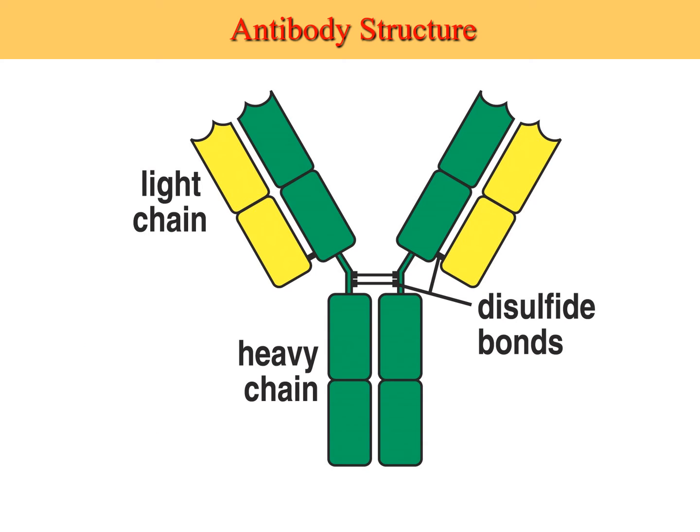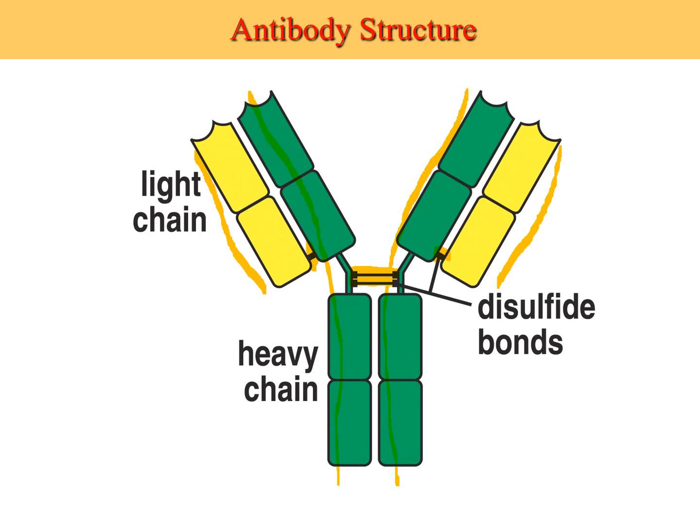Here's a different kind of drawing, same molecule, same idea, but a slightly different drawing where you have the light chain here, identical light chain here. In yellow, you have, in green, the heavy chain here, and another heavy chain right here. And you see the disulfide bonds in there, holding the two heavy chains together, and the disulfide bonds there, holding the heavy and light chains together.